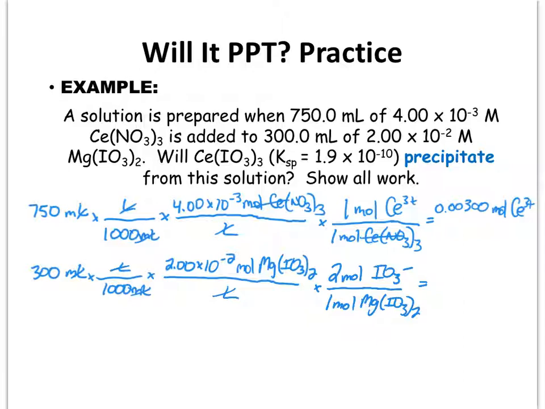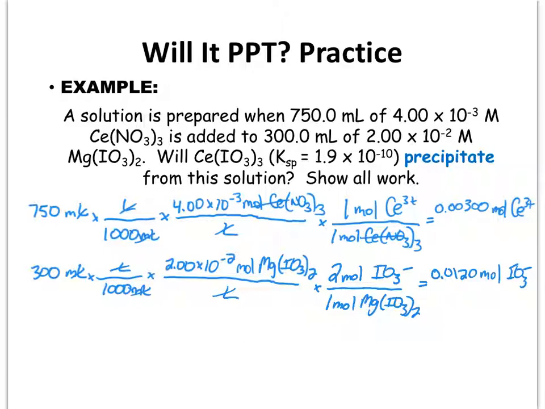All right, so there's 2 IO3- essentially for every one of the compound. So when I solve this for moles, I get 0.0120 moles of the IO3- here. All right, so I found the moles of each of the ions in the precipitate that I'm being asked about.